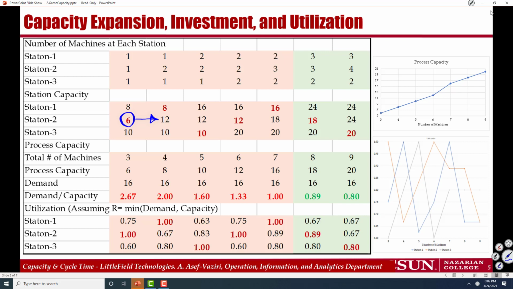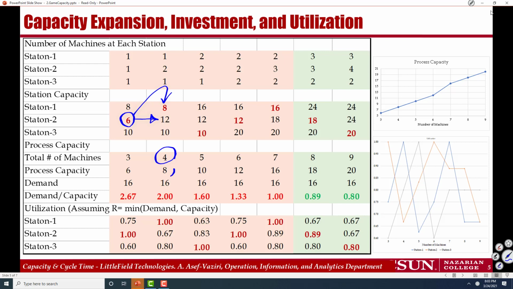Now we want to relax this constraint. We buy another machine. The capacity of station 2 goes to 12, but the capacity of the process does not go to 12 because the bottleneck goes from station 2 to station 1. Now we have 4 machines.